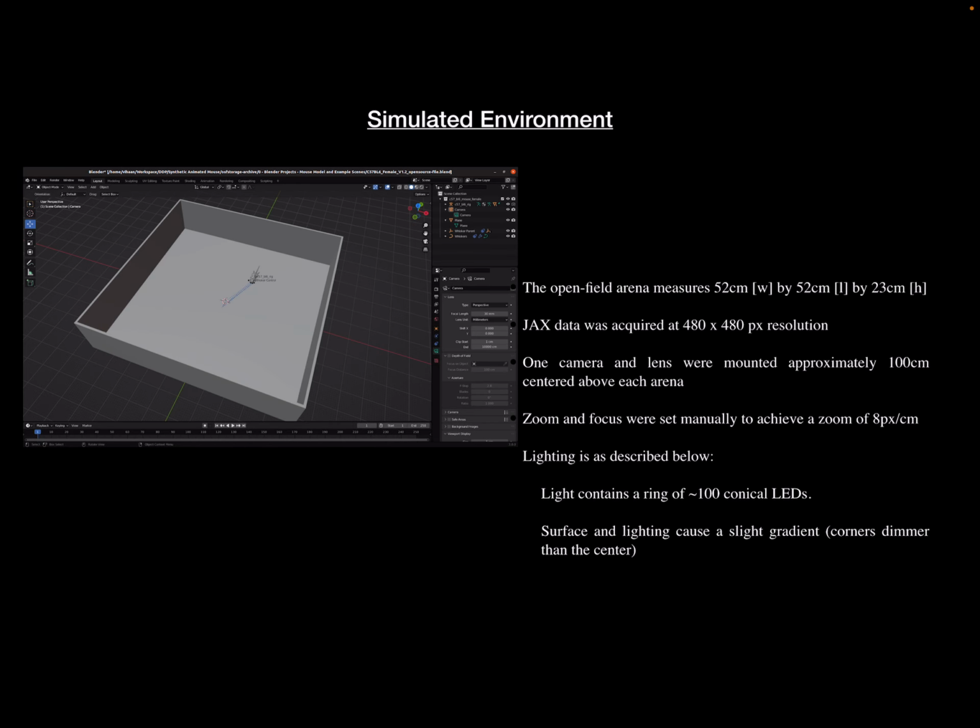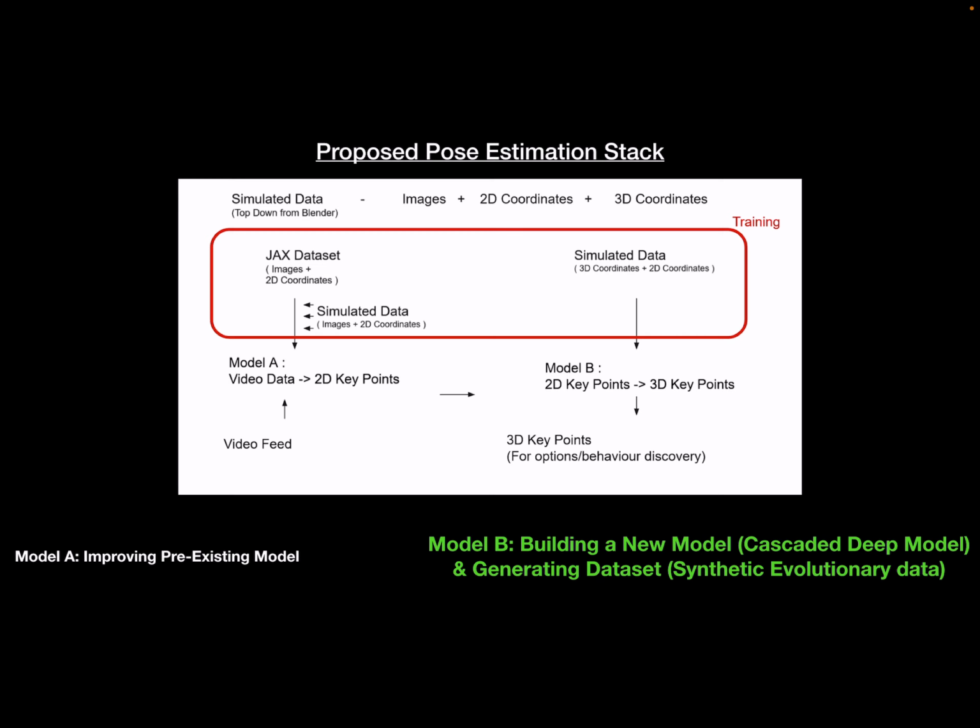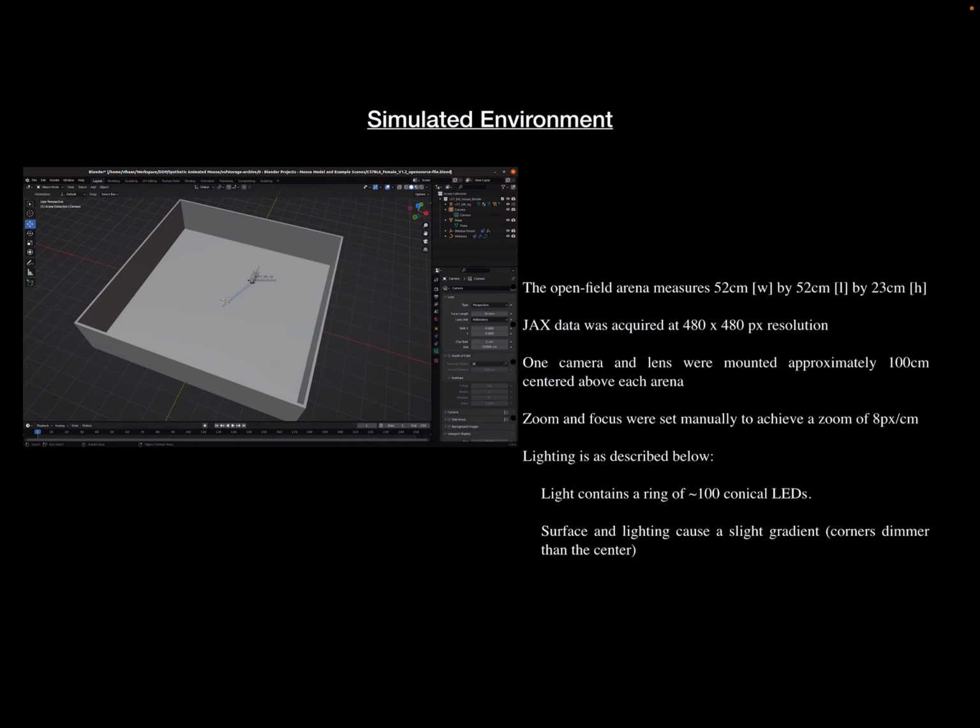To do this, what we've done is very similar to the previous semester's work. First, we've taken a mouse and built an arena that replicates the arena that our first model was trained in. Model A will look at images and output 2D coordinates. We are trying to replicate this setting in Blender, because Blender is able to render and give us real lifelike coordinates.